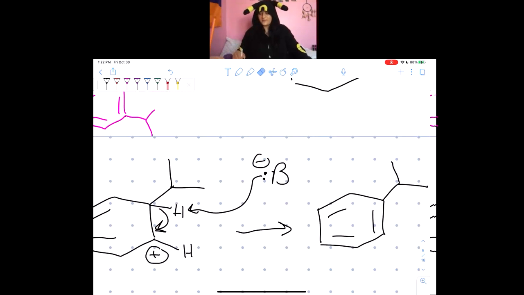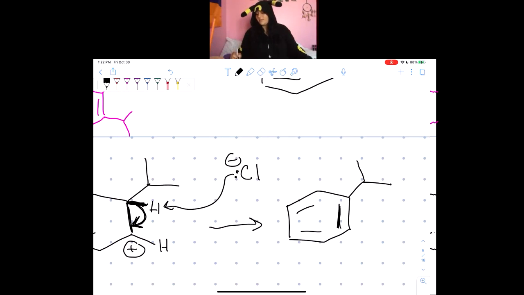We end up with a Cl minus floating around, and that Cl minus, which was the leaving group from our alkyl halide, is going to come in and steal that hydrogen and perform an elimination reaction. So these electrons from this bond are going to be given to this bond, and we end up with a double bond. Does that make more sense? Yeah, I get it now. Thank you. You're very welcome.